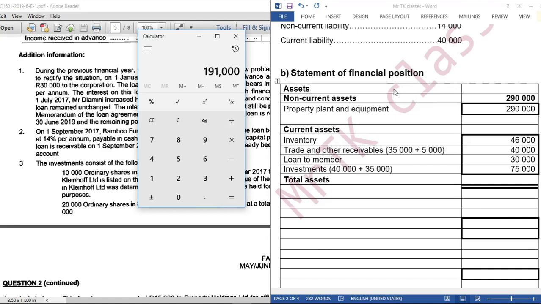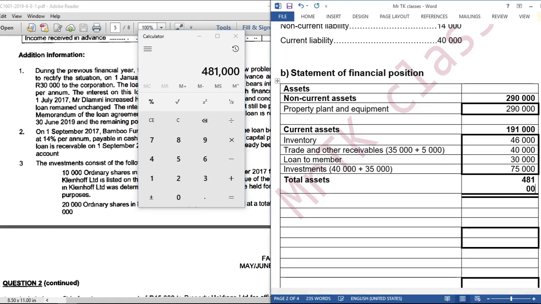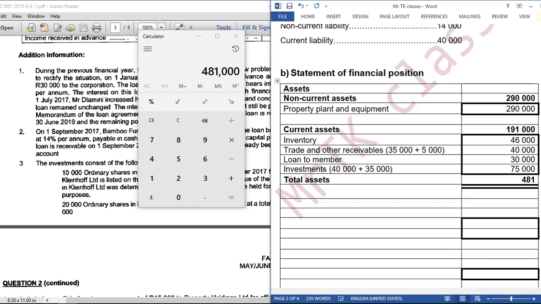We are going to get 191,000. Then 191,000 plus 290,000 is 481,000. Then we are moving to our equity and liabilities.